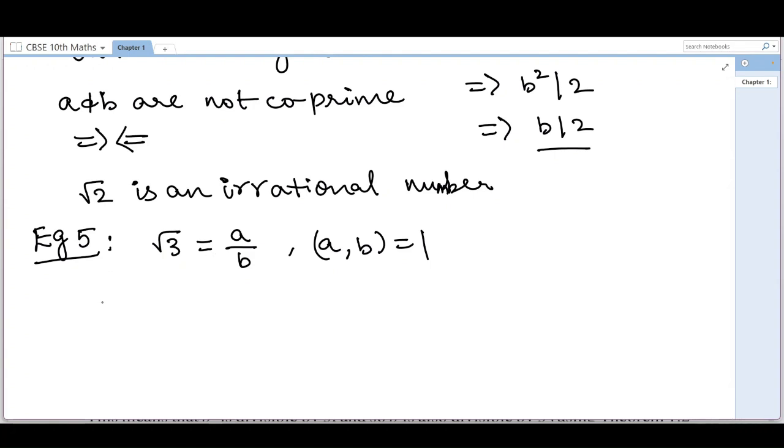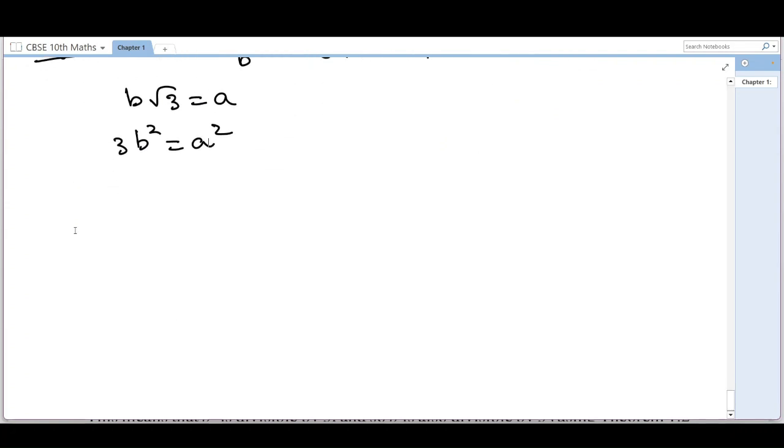So, this can be rewritten as b root 3 equal to a. By squaring on both sides, I will get 3b square equal to a square. Since a square is written as a product of 3, I can say a square is divisible by 3. By the above theorem, I can say a is also divisible by 3, right?